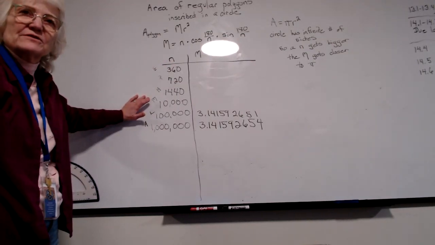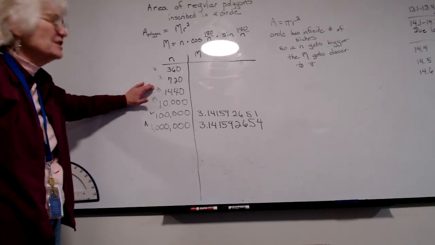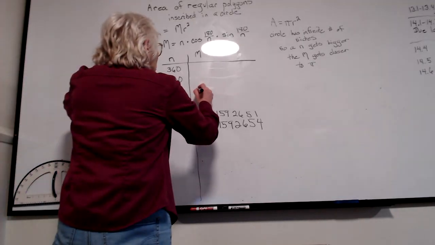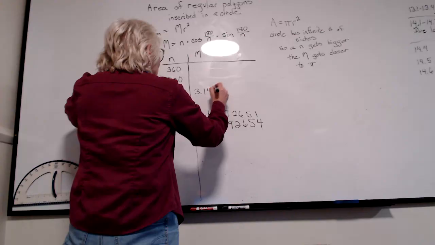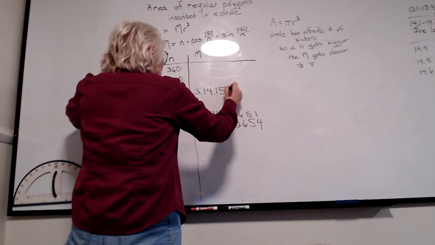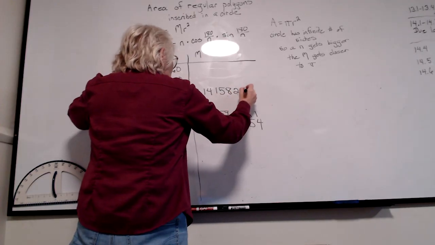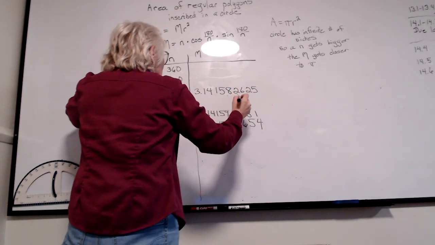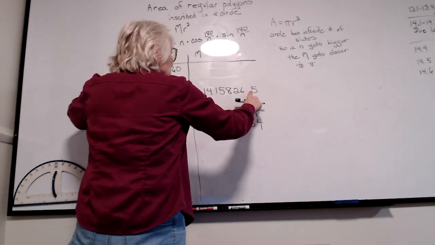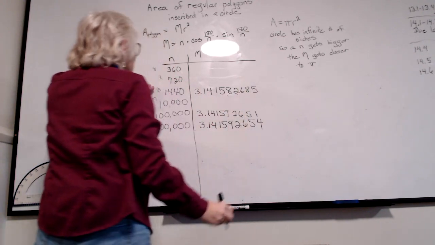Micah, what'd you get for yours? I'm still doing it. Okay, Harrison, what'd you get for yours? 3.14158, 3.14158822685. Okay.